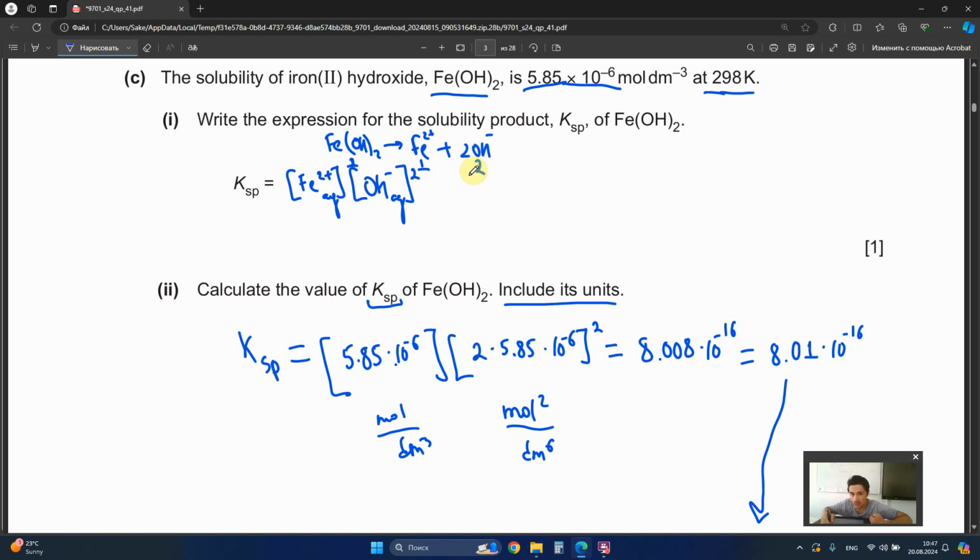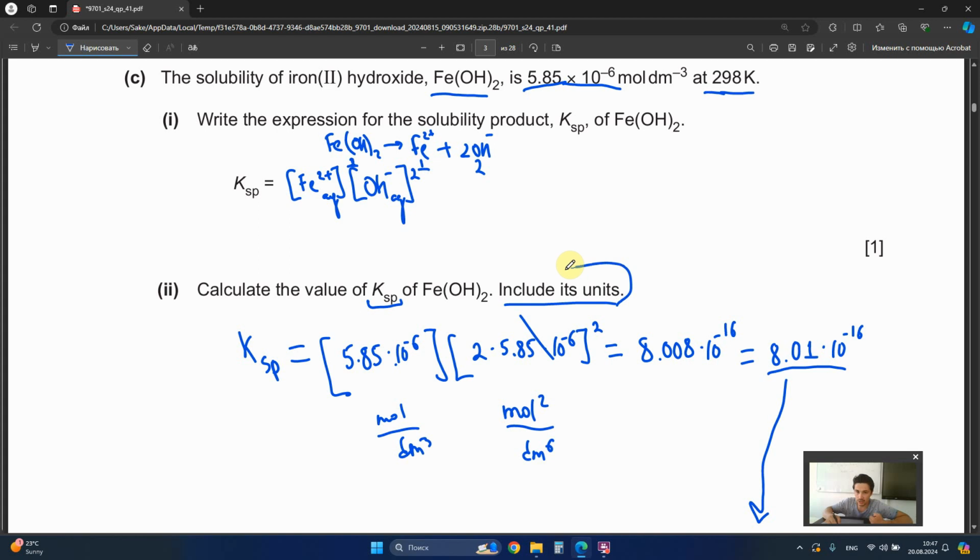But be careful here, the concentration of hydroxide ions is 2 times greater than concentration of iron ions. So we multiply it by that number. So 2 multiplied by concentration, and don't forget that you also have a power of 2 here. So just doing simple math, you're having 8.01 by 10 to the power of minus 16.